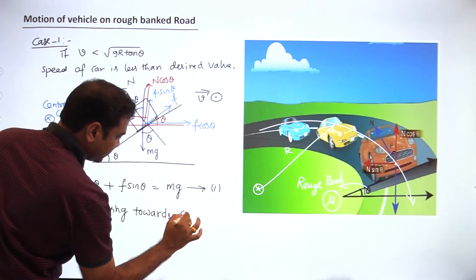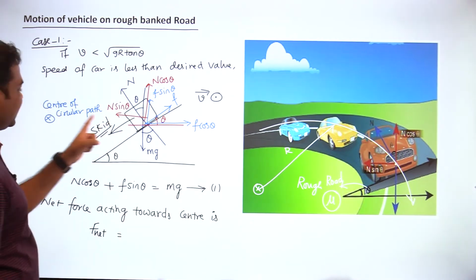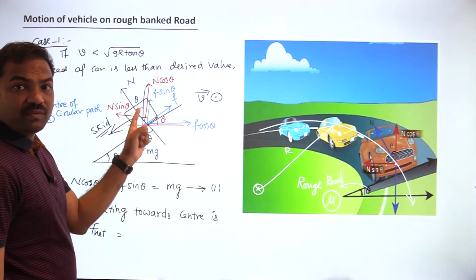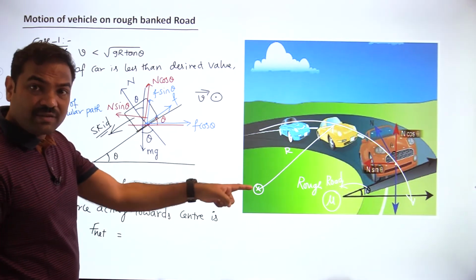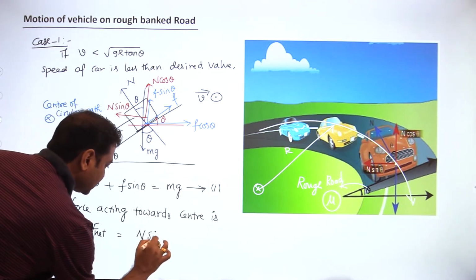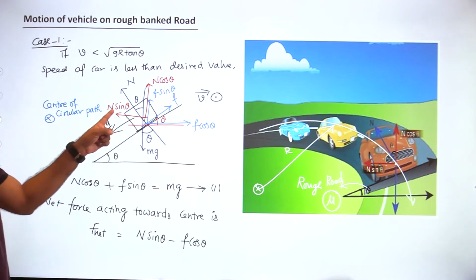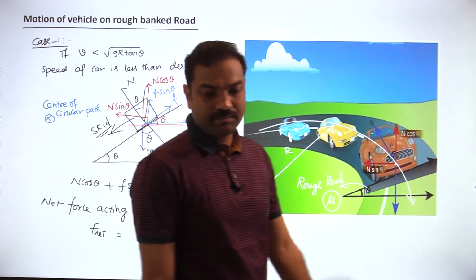Okay. The net force acting towards the center: N sin theta is acting towards the center, and F cos theta is acting away from the center. So what is the net value acting towards the center? Obviously there should be a force acting towards the center, otherwise there is no circular motion. So N sin theta minus F cos theta. Understood?